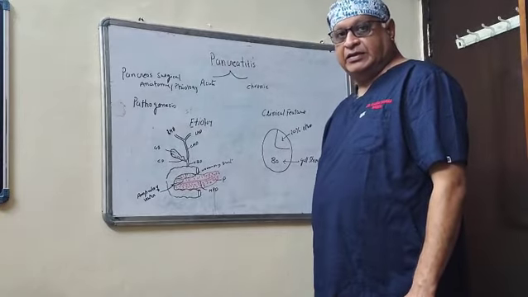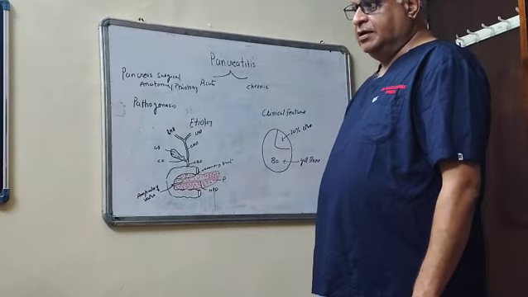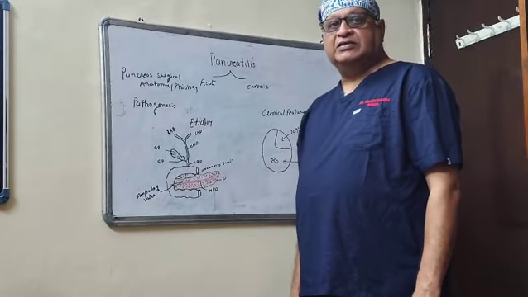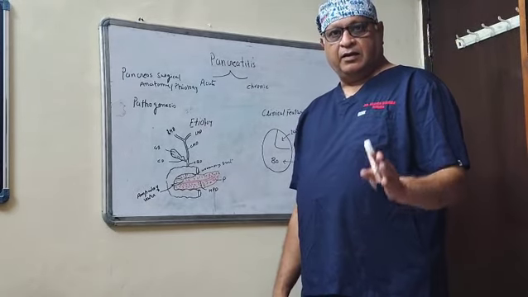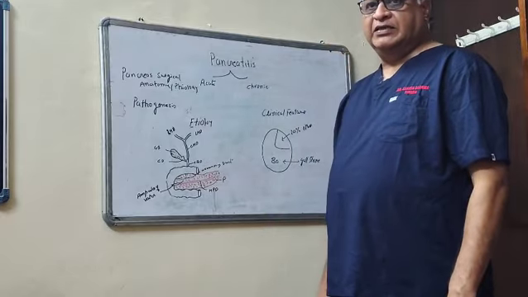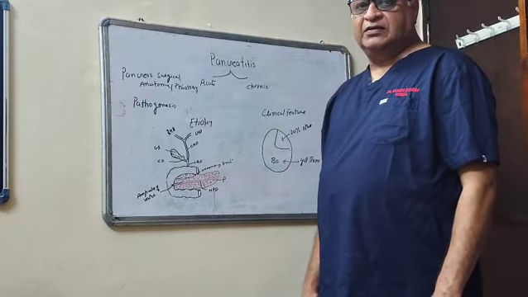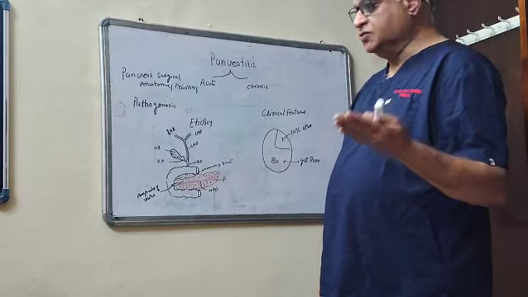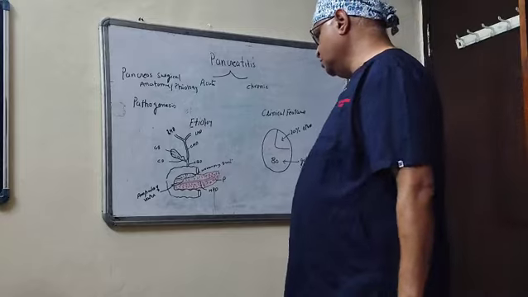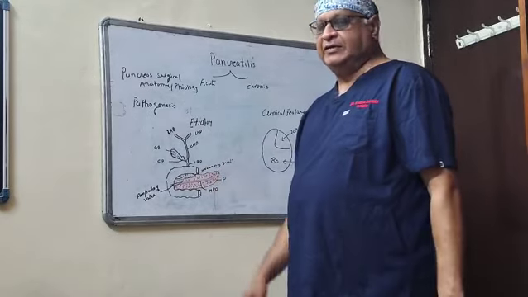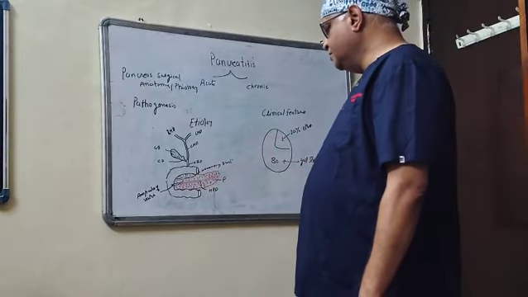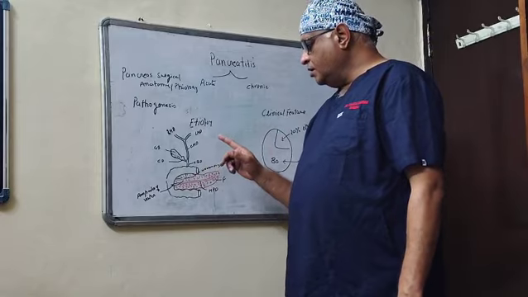Some iatrogenic conditions: in case of gastrectomy, and nowadays ERCP. ERCP is very frequently done as an investigation as well as a therapeutic procedure, in case of CBD pathology, removing CBD calculus, in case of a stricture, sphincterotomy.